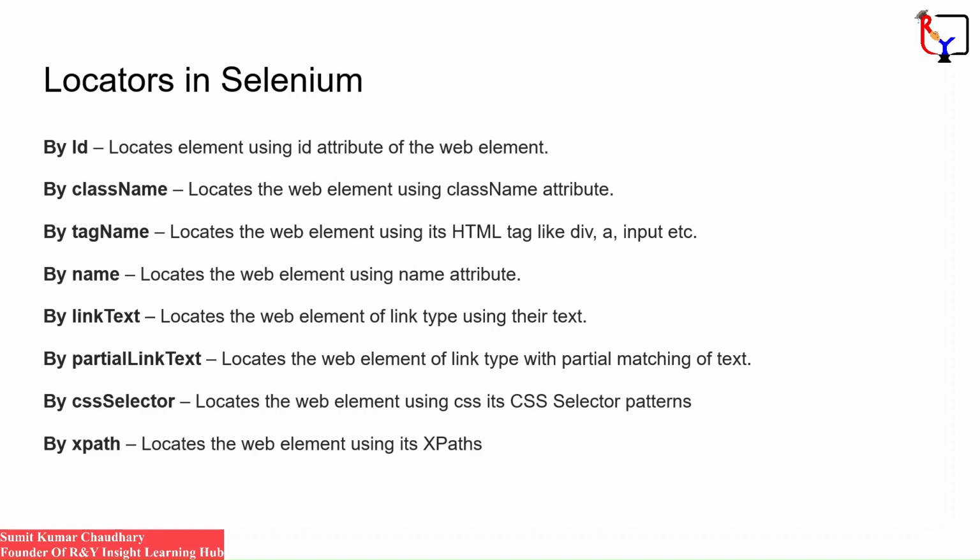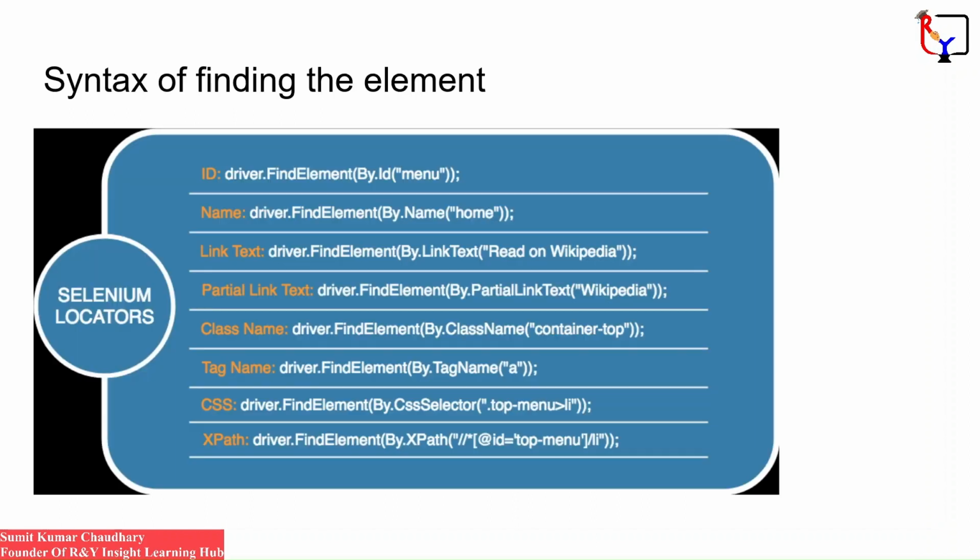By link text locates the web element of the link type using its link text. By partial link text locates the web element of link type with partial matching of text. By CSS locates the element using its CSS locator patterns. By XPath locates the web element using its XPath. So this is the syntax of the locators, as you can see here.